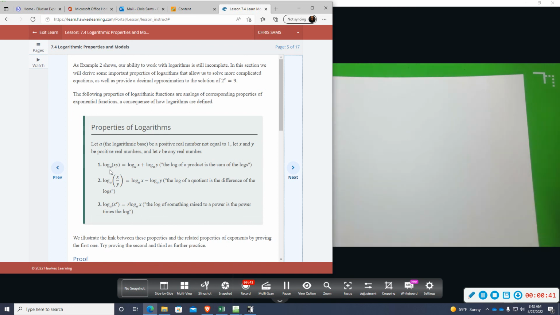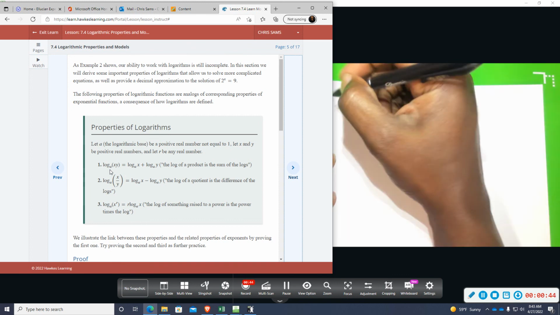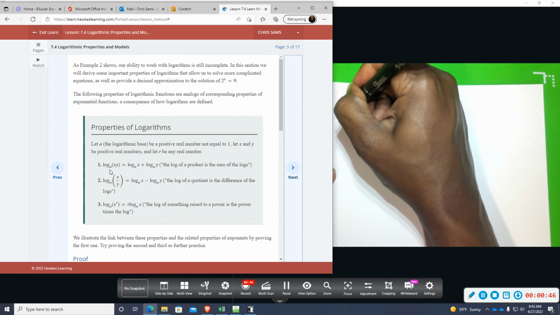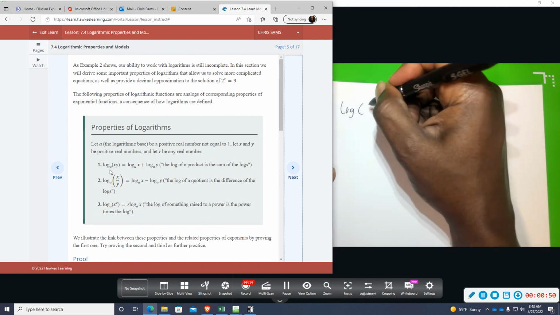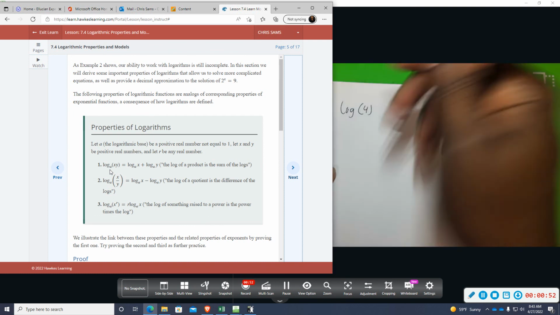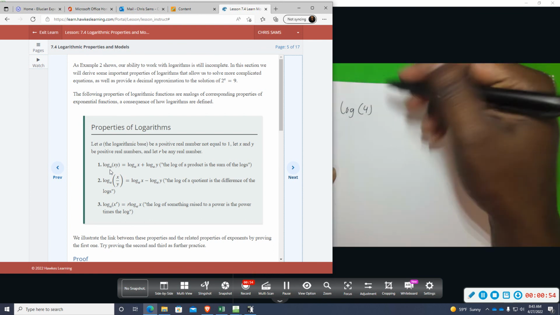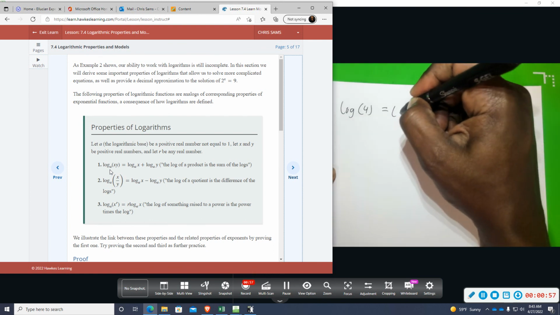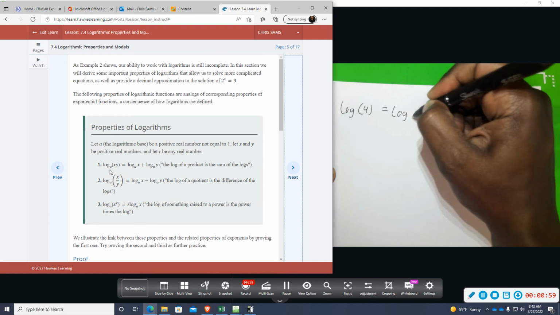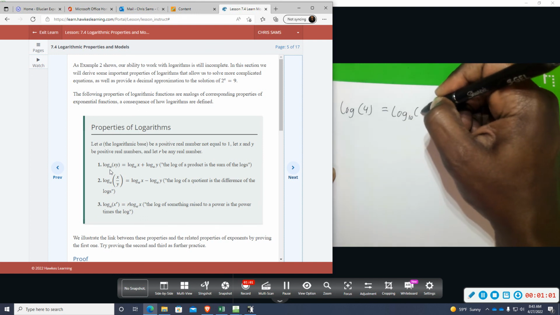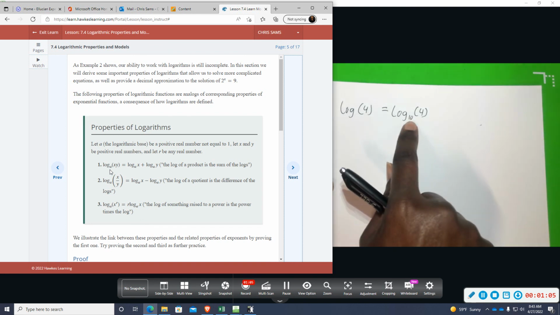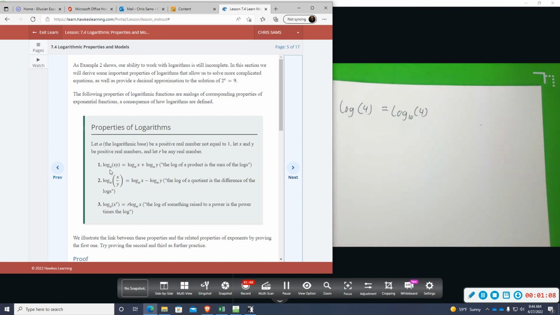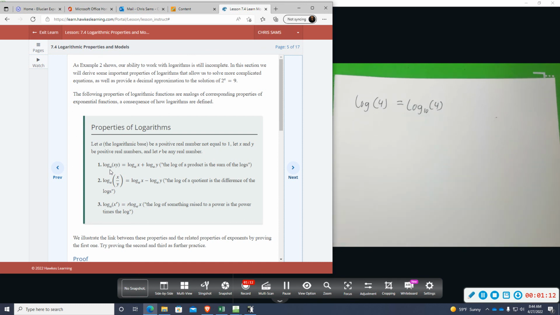So that is saying if you just see log and then you have some number that you're evaluating, let's say 4, this understands that the base is 10. That's normal. That's like the understood setting. Okay, so if they don't write a base at the bottom, it's understood to be 10. Otherwise, they will have to tell you what base they want you to evaluate with.